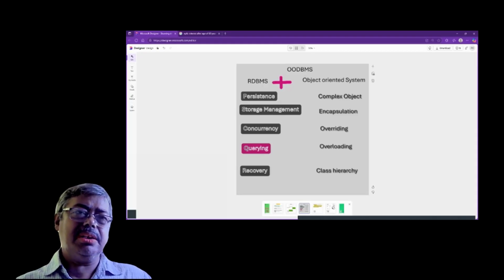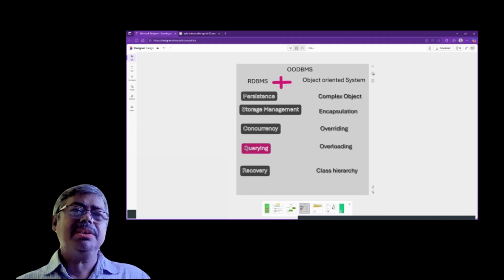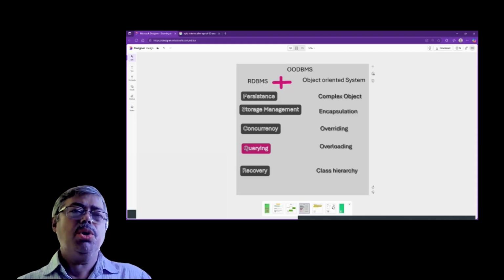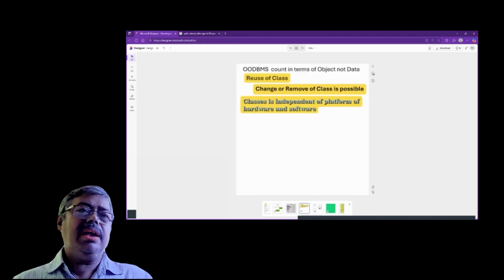So summing the total process, relational plus object-oriented, we get the object-oriented database management system, which counts in terms of the object, not the data.